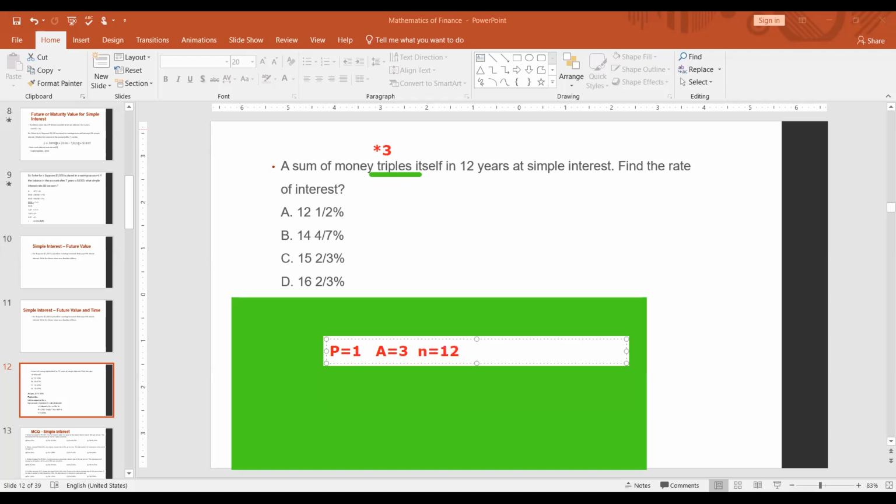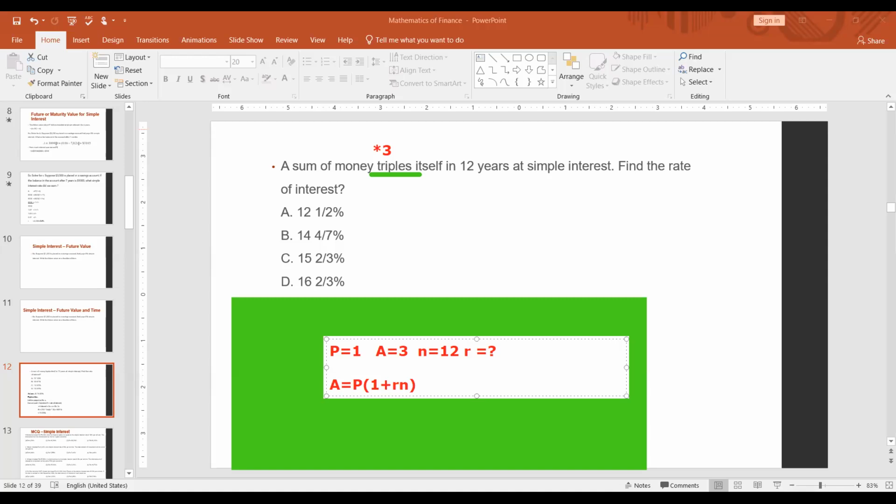After 12 years, right? Now it says we have to use the simple interest rate formula, so we have to find R. What is R? It is unknown. We don't know, so we have to find it. According to this, the normal formula is A equals P into 1 plus Rn.